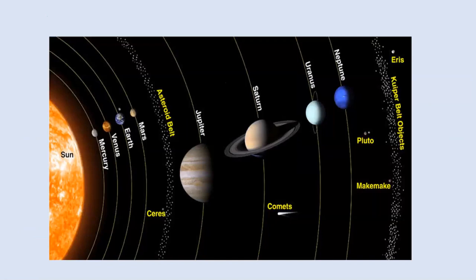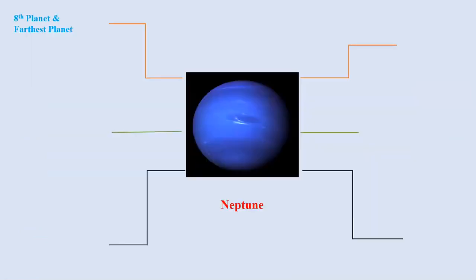Students, look at this picture and tell me which is the farthest planet in the solar system. Did I hear Neptune? Absolutely correct. Neptune is the farthest planet in the solar system. Neptune is the eighth and the farthest planet from the sun.